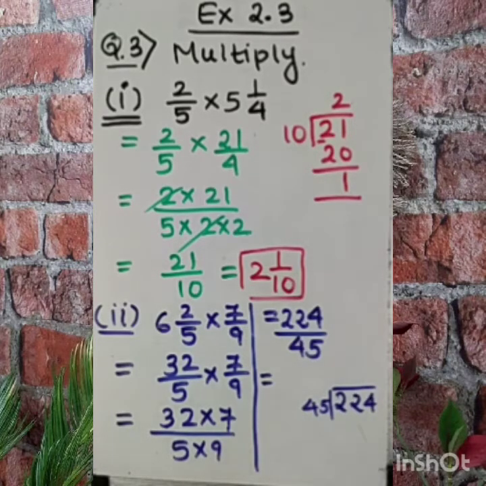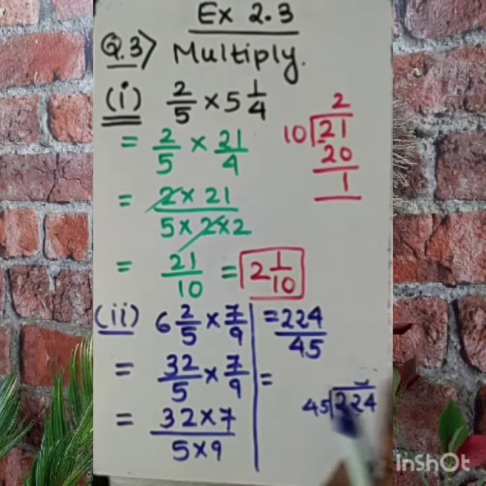Let's check what can be the solution. 45 2s are 90, 45 3s are 135, 45 4s are 180, and 45 5s are 225. Okay, let's go with that. 5 5s are 25, 2 carry over, 4 5s are 20 plus 2, 22, but 225 is bigger than that, so we have to move with 4 only.